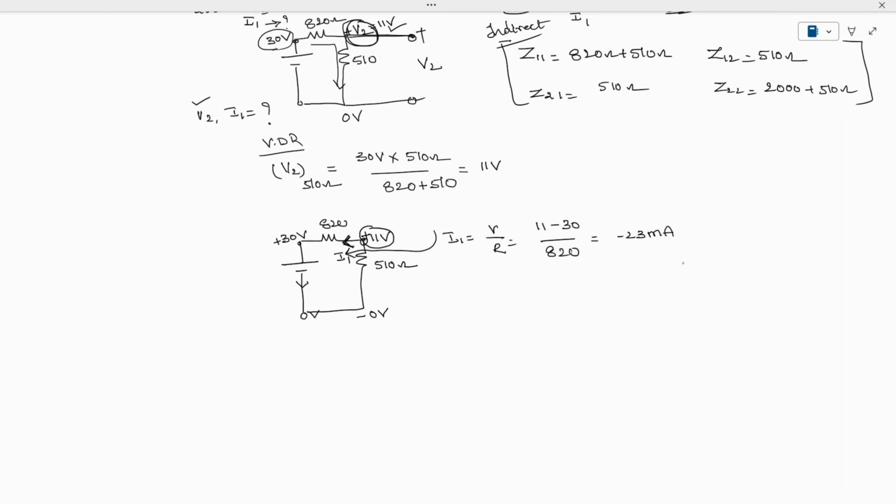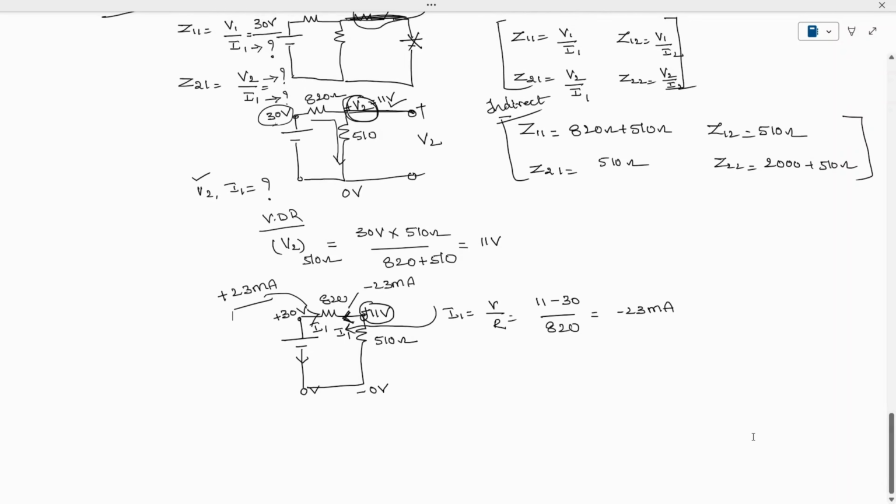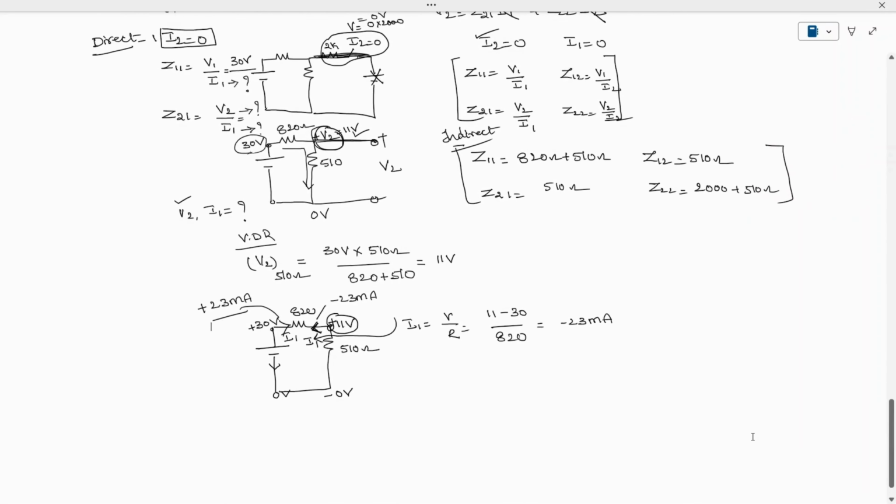So the current is flowing like this with a magnitude of minus 23 milliamperes. If I1 is flowing in the other direction, it will just be reversed, which is plus 23 milliamperes. So successfully we found the two values we actually require.